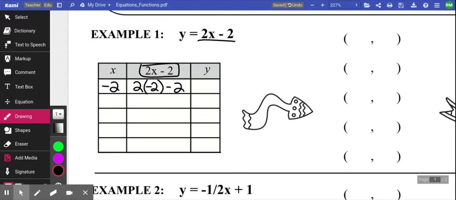Now, when we do that math, we have to remember PEMDAS. So are we going to multiply or add and subtract first? Which one goes first? Multiply. So what is 2 times -2? -4. -4 minus 2. -6. So our output is -6.